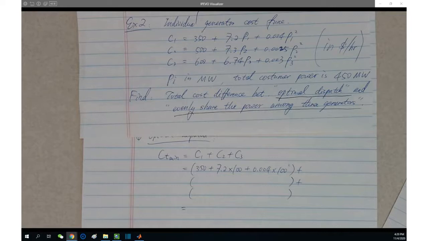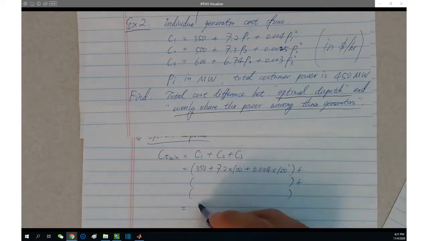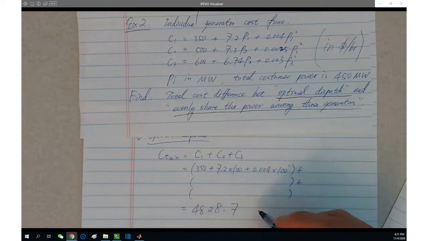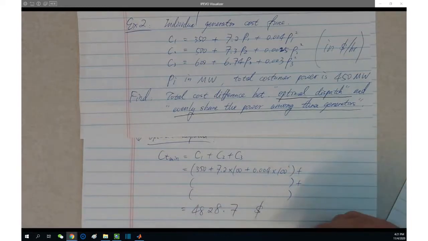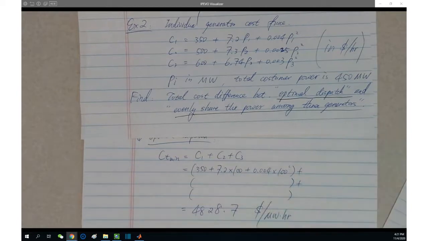So optimal dispatch, what is the total price? The total cost, not price. The price is higher than this, right? Remember our discussion? Price won't be the same as their cost, otherwise they have no salary to their employees.